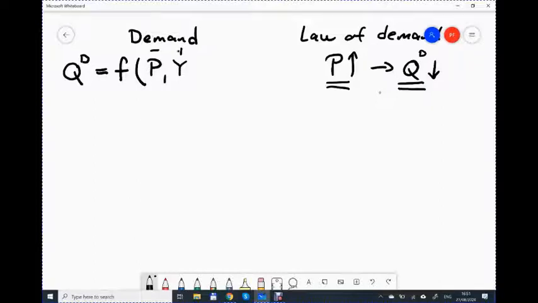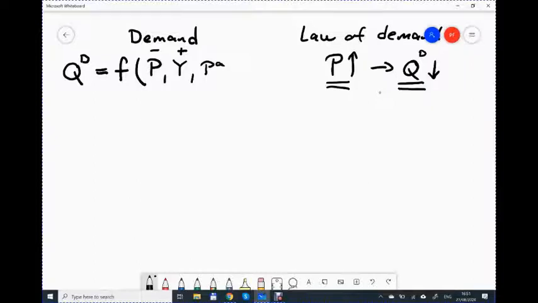So, if consumers are getting wealthier, having more income, then it is also likely that they are going to demand more of the good. And finally, there can be alternative goods. These goods might actually serve the same purpose as the good in question, and then they are substitutes, or maybe they are necessary so that you can consume this particular good, and then they are complements.